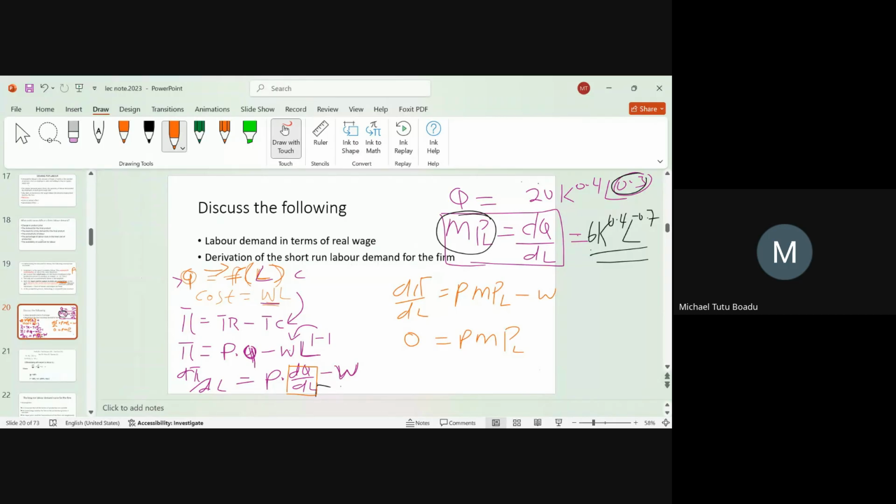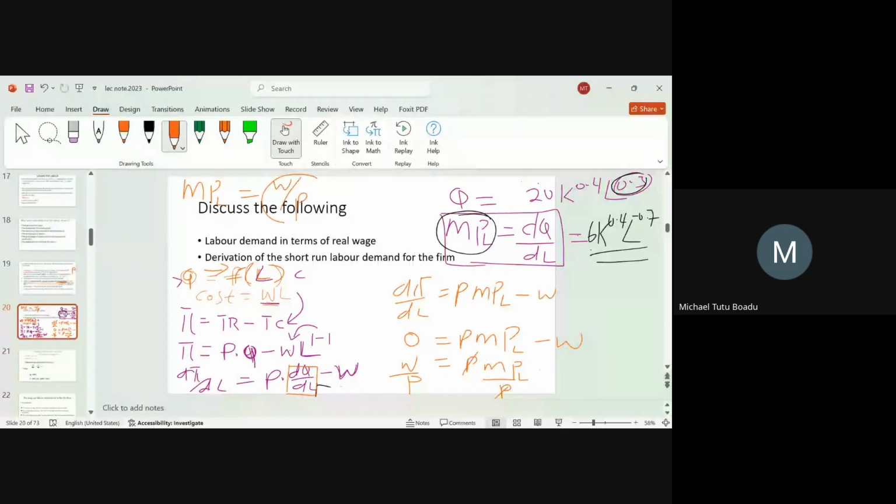Then you group like terms: minus W. So move the negative, you have W is equal to P MPL. Divide both sides by price, divided by P, divided by P. So price will cancel. So we have marginal product of labor to be equal to W over P.